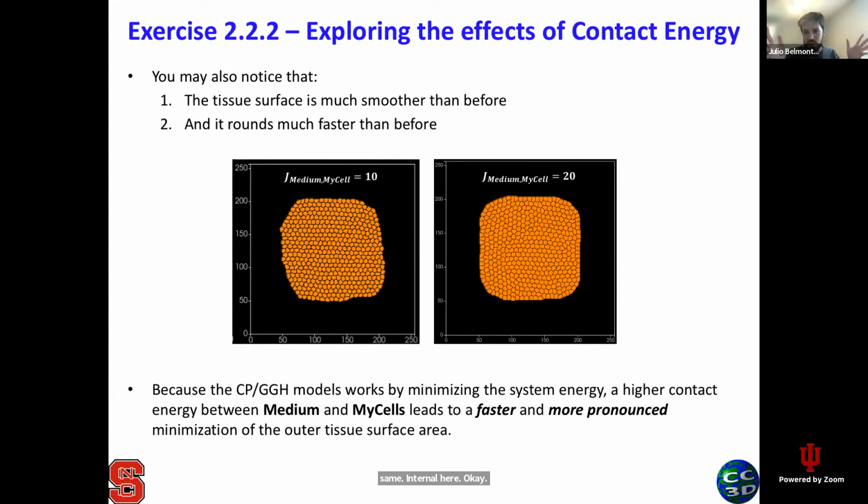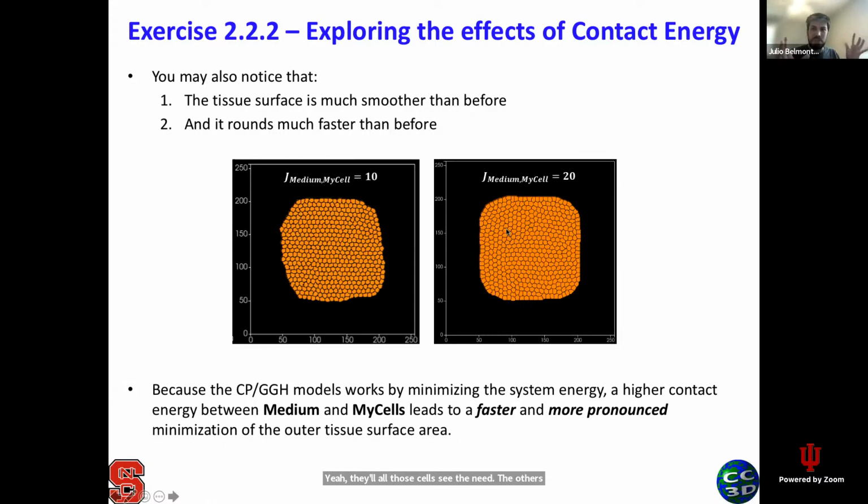Only the outermost cells see the medium, the others do not know.